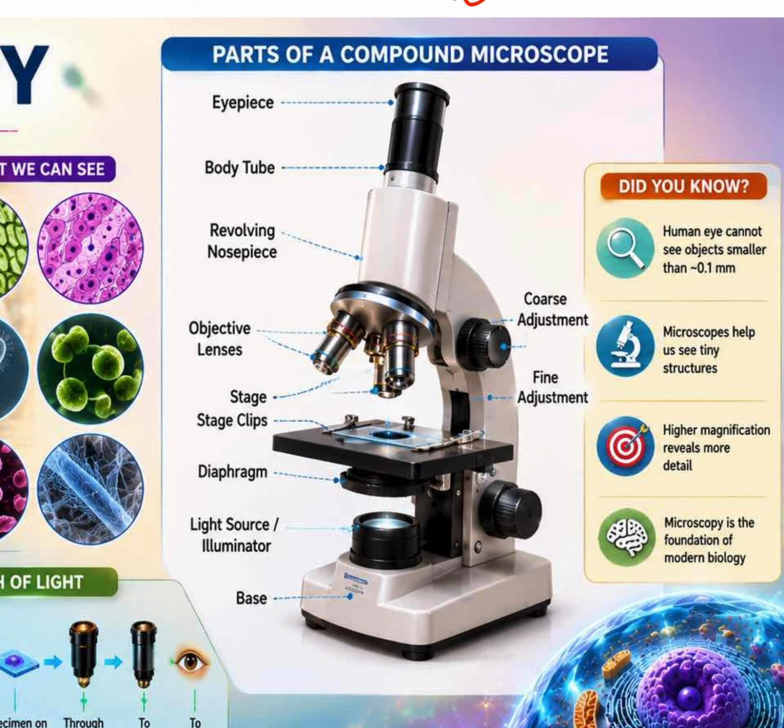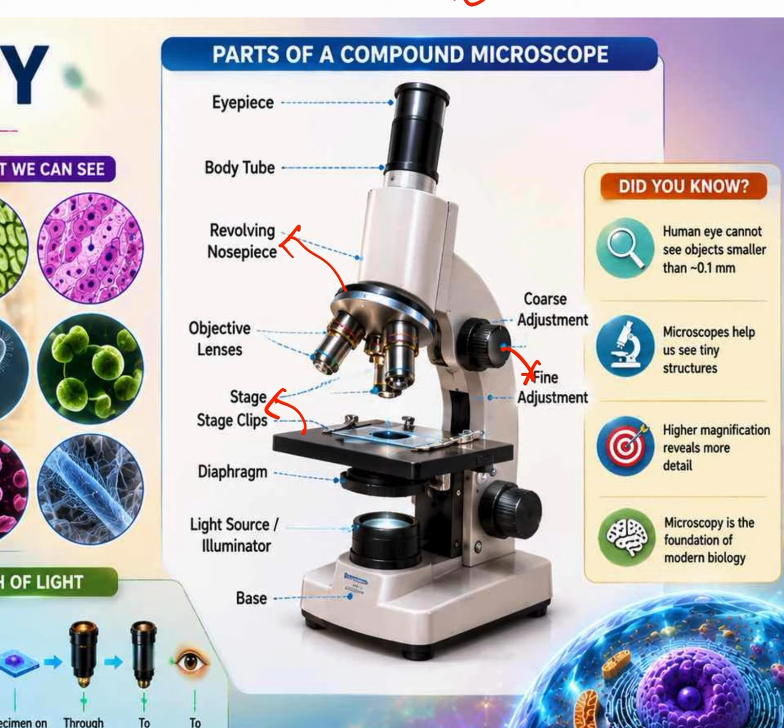The eyepiece, the body tube, revolving nosepiece, objective lenses, then the stage clips, slides, diaphragm, light source, coarse and fine adjustment. Coarse adjustment and the fine adjustment. So these are very, very important.